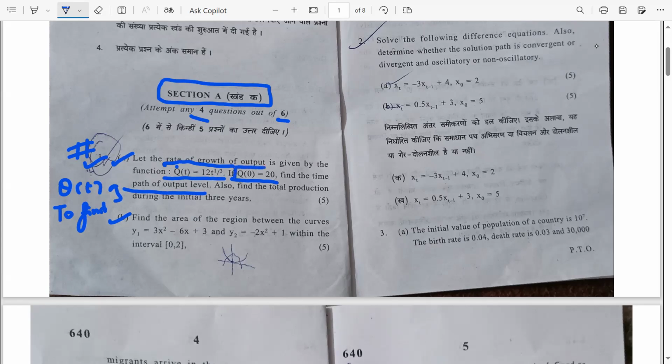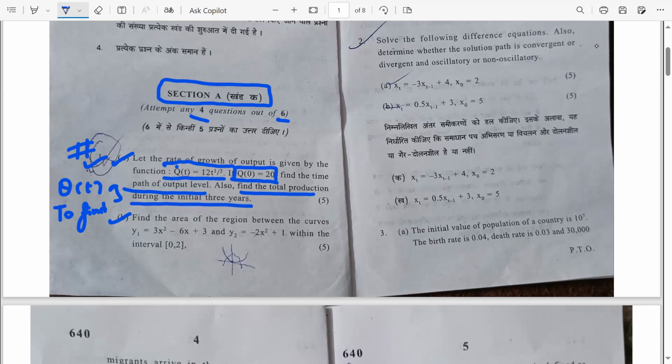So Q of 0 is 20. We need to find the time path of the output level. Remember, it's a question based on integration, which I have covered in my lectures on the Advanced Mathematical Methods for Economics course. If I integrate Q dot T, I get Q of T. The question also asks us to find the total production during the initial 3 years.